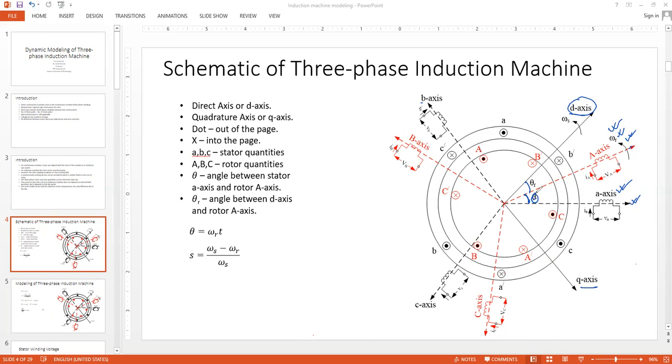So there are two thetas. One is the phase difference between the stator a axis and the rotor a axis, that is theta. And there is another theta, which is the phase difference between the rotor and the d axis, that is theta r. So this is the explanation of theta and theta r.